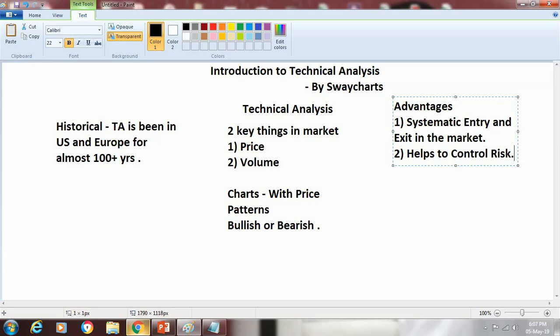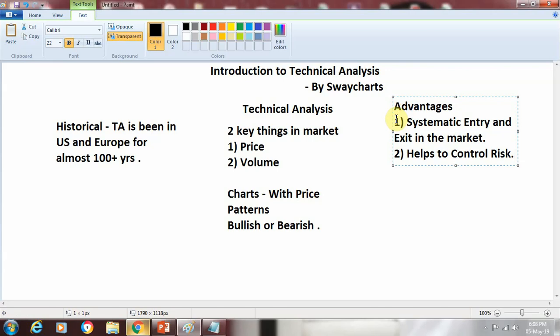But yes, you can define the risk you want to take in the market, and that is what technical analysis helps with. It gives you a proper exit or risk figure which you can take in the market, and that is the reason why it is gaining more and more popularity, because we know that in any business, if you can control risk, you can make good money. All right, so this is the reason why technical analysis is gaining more strength.